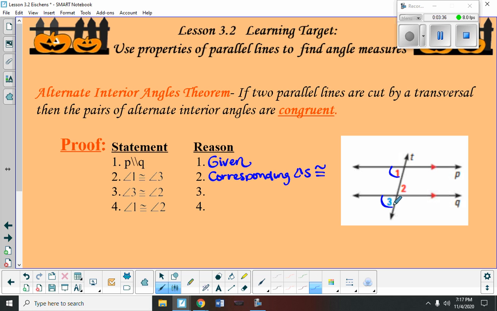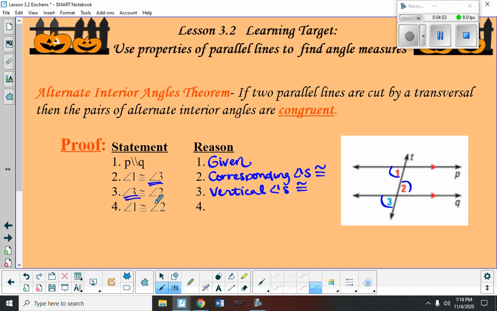Well, we also know that angle 3 is congruent to angle 2. Why? Because angle 3 and 2 are vertical angles. So vertical angles are congruent. So if 1 is congruent to 3 and 3 is congruent to 2, well, what do we know about 1 and 2 then?